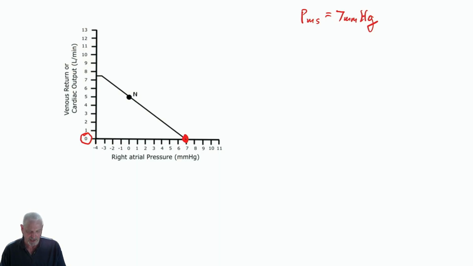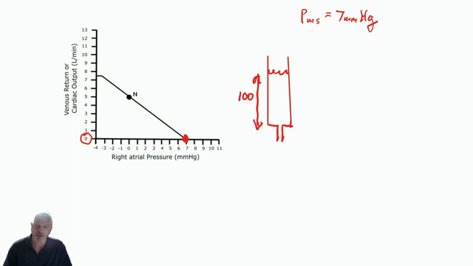Now, if you think about the arterial side of the circulation and the pressure in the arterial side, we're going to display it as a hydrostatic pressure here. We know that a typical mean aortic or arterial pressure is about 100 millimeters of mercury or so.